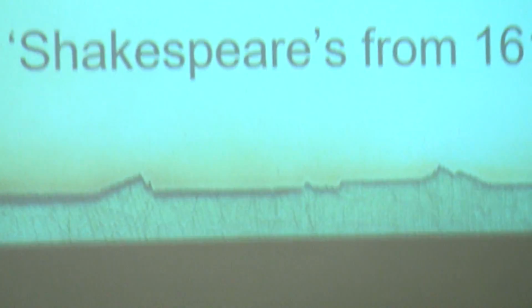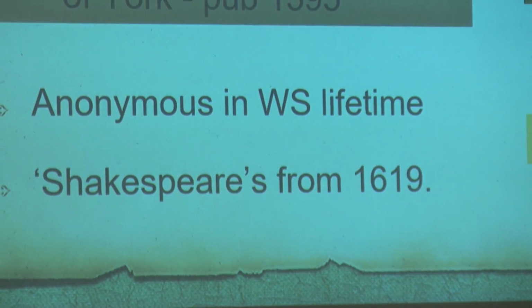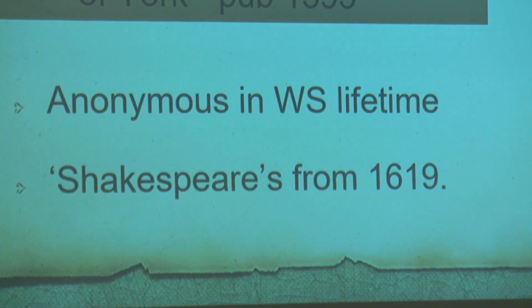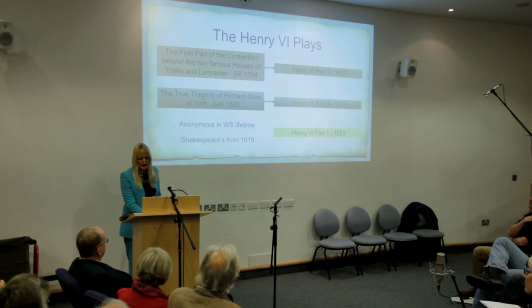They were not mentioned, for example, by Francis Meres in his 1598 list, quite a large list of Shakespeare plays. The first mention of William Shakespeare in relation to these plays was in 1619, 3 years after the Stratford man's death, when The Contention and The True Tragedy were published together by Thomas Pavier as The Whole Contention.